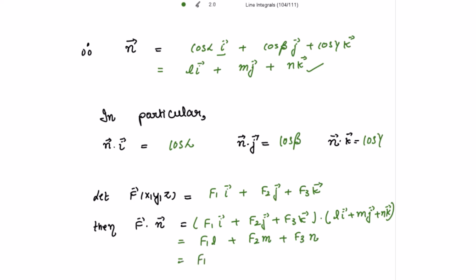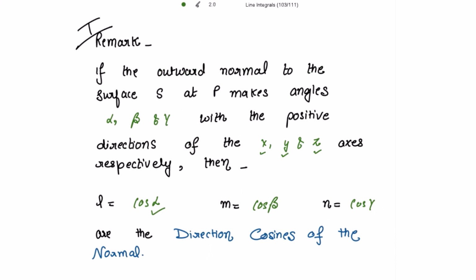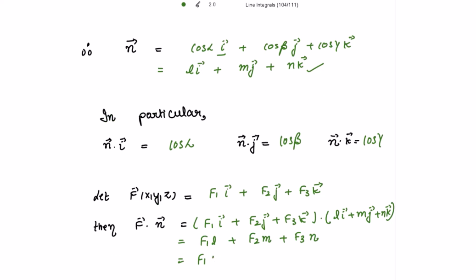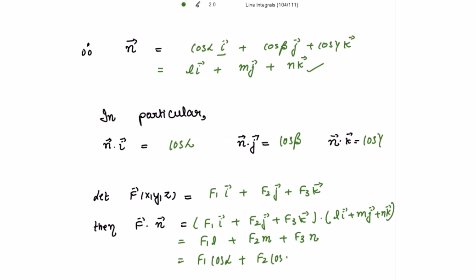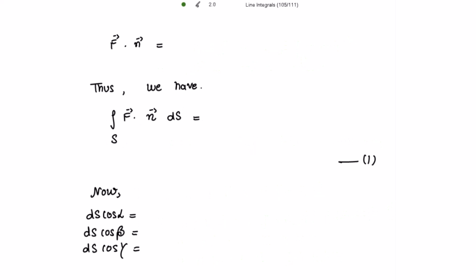What is l? It is cosine of alpha. What is m? It is cosine beta, and n is cosine of gamma. So f dot n is f1 cosine alpha plus f2 cosine beta plus f3 cosine gamma.